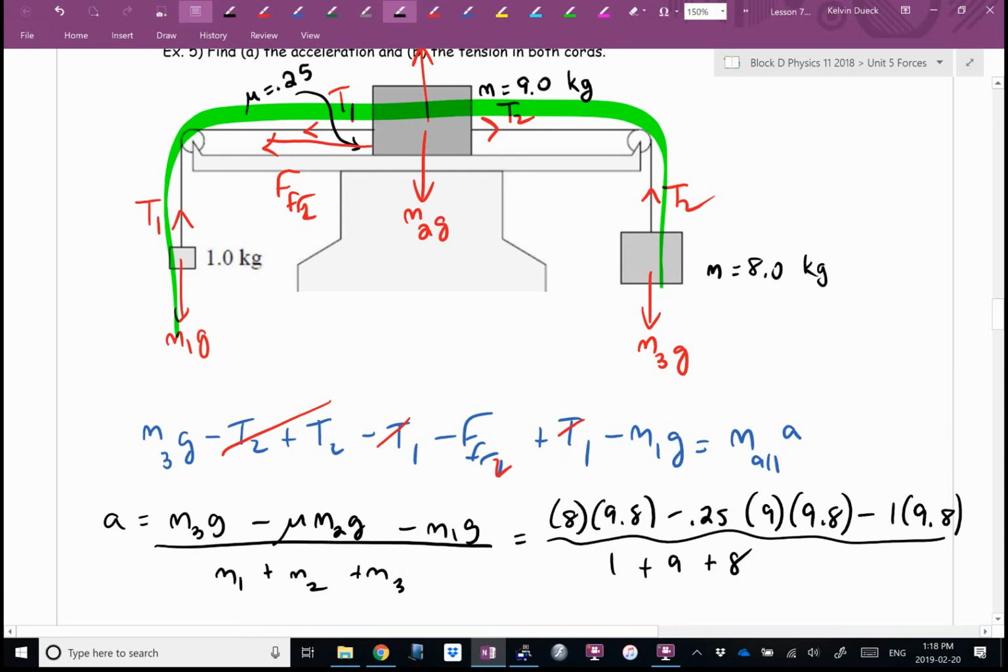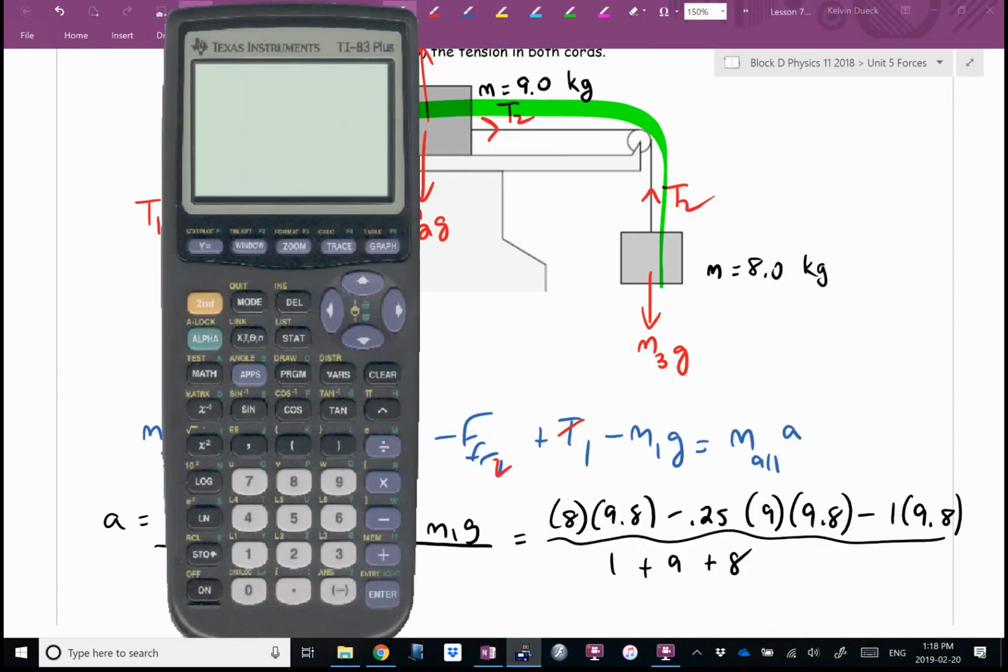I would strongly encourage all of you to try typing that in to see if you can get the correct answer. And if you're not getting the correct answer, snag me at the end of the lesson and I'll walk through how to do this on your calculator. For me, I have to put a big uber bracket around the top: 8 times 9.8 minus 0.25 times 9 times 9.8 minus 1 times 9.8, close bracket, divided by, open bracket, 1 plus 9 plus 8.